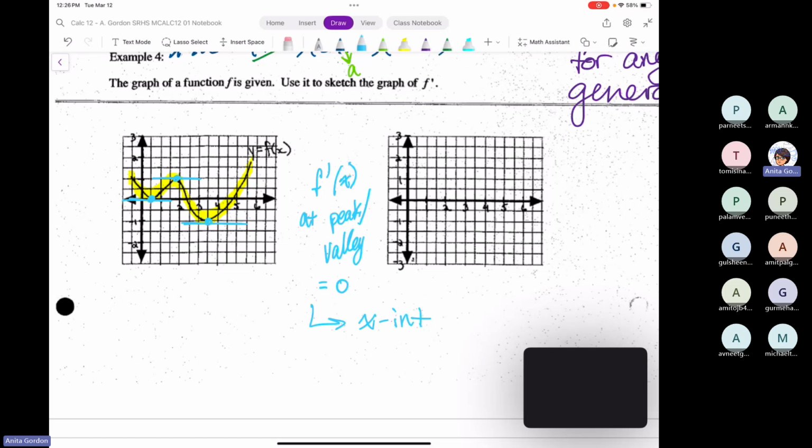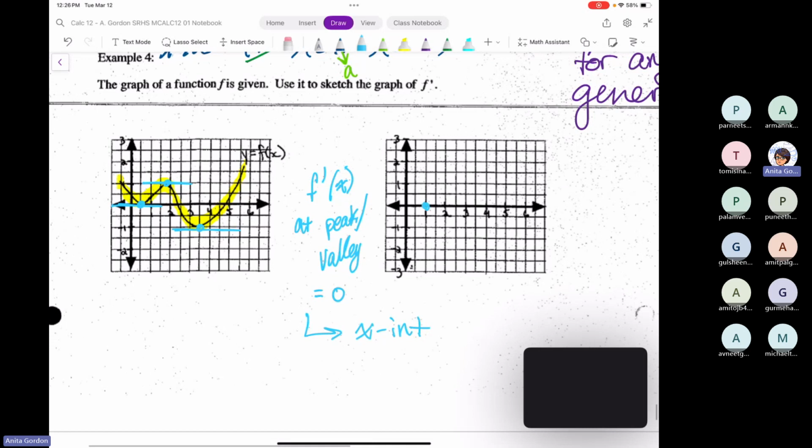So the derivative is 0 at the point 1. It is 0 at the point, oh, no, I wrote that wrong, 1/2. It's 0 at 1/2. It is 0 just before 2. It is 0 at 3.5. Okay, so at the peaks and valleys, these represent where my velocity is 0. Now let's talk about what is happening between the peaks and valleys. So let's focus on this interval here.